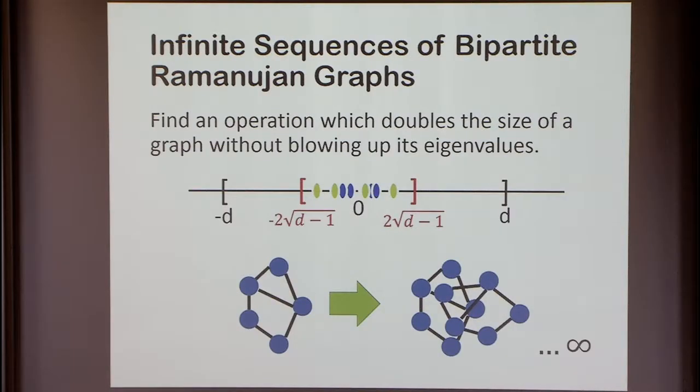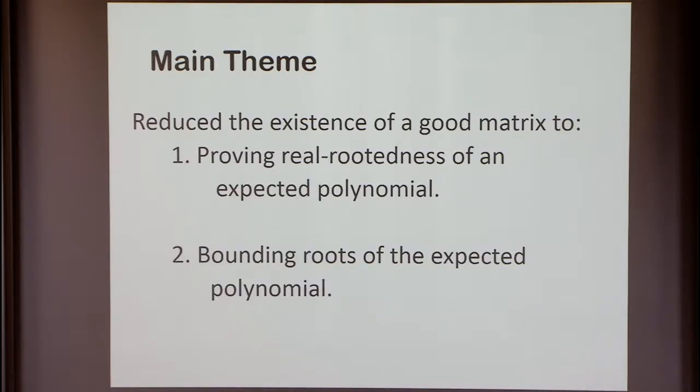Which then proves this conjecture and shows that every graph has a good lift, and you get an infinite sequence of Ramanujan graphs. The point of this argument had essentially two important components. We used it to prove the existence of a certain matrix.